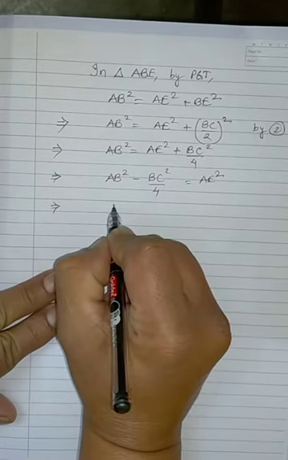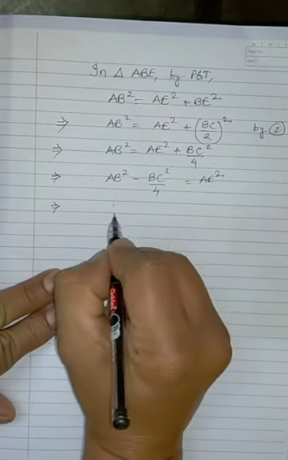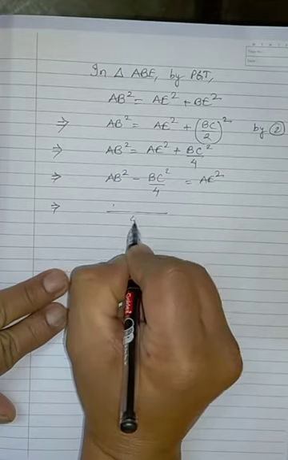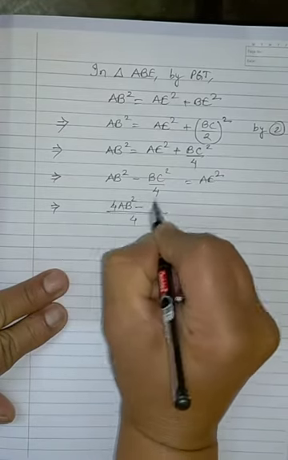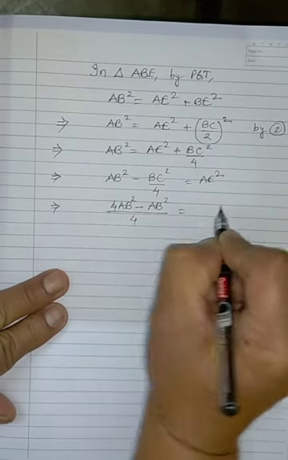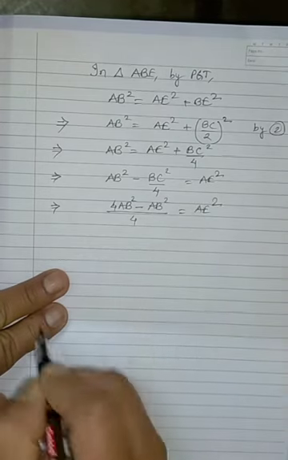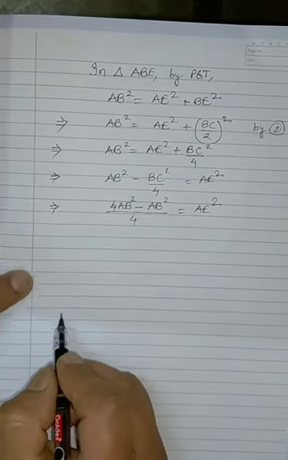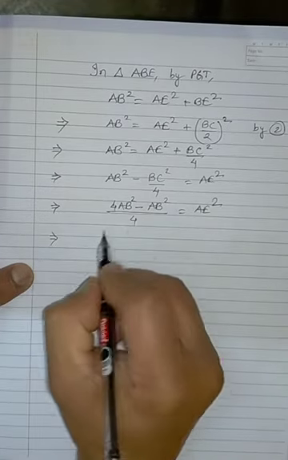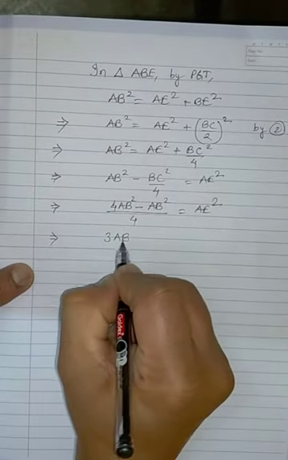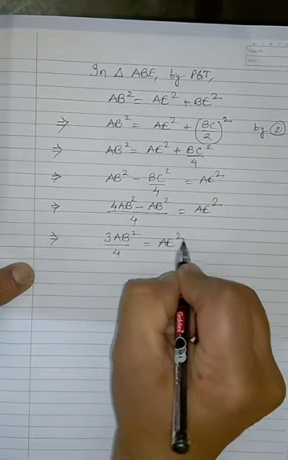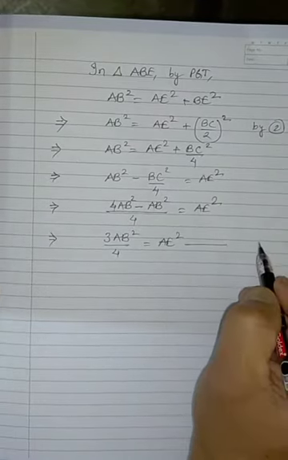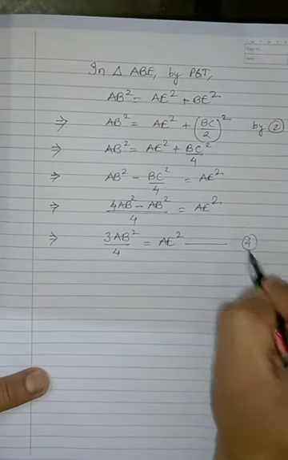By taking the LCM, which is 4, 4AB square minus AB square is equal to AE square. That implies 3AB square upon 4 is equal to AE square. Let this be equation number 4.